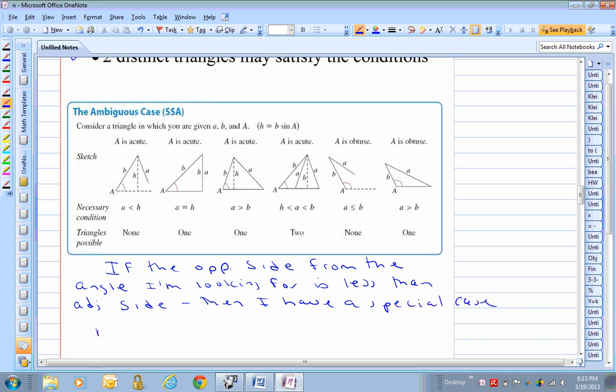And that would be no triangle or two triangles. We're going to take a look at several examples that'll make this a little more clear.